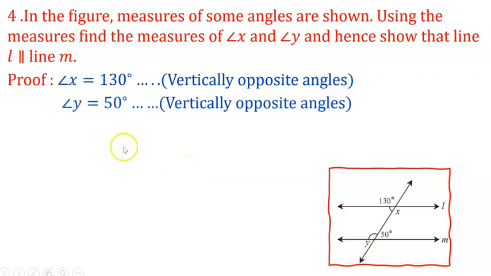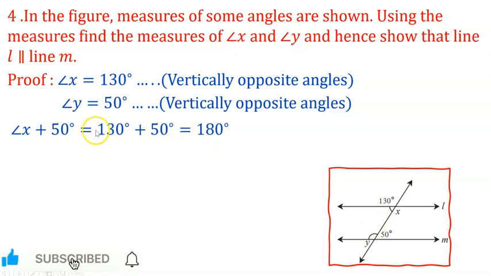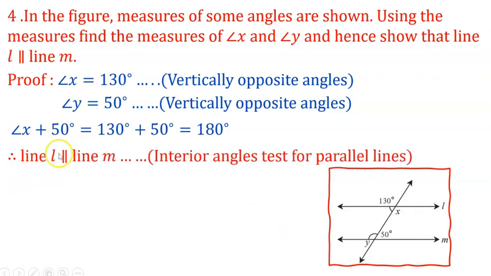Next, angle Y is equal to 50 degrees, again vertically opposite angles. Next, the measure of angle X plus 50 degrees is equal to 130 plus 50 degrees, and that is equal to 180 degrees. Means the sum of interior angles is equal to 180, and therefore by the interior angle test, line L is parallel to line M. See this here, line L is parallel to line M, that is the interior angle test for parallel lines.